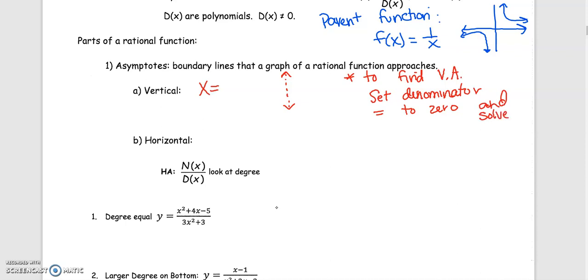Because remember, it can never be equal to 0. That's why it is this line that kind of approaches that. So it's what makes the bottom 0 for the expression kind of after canceling.